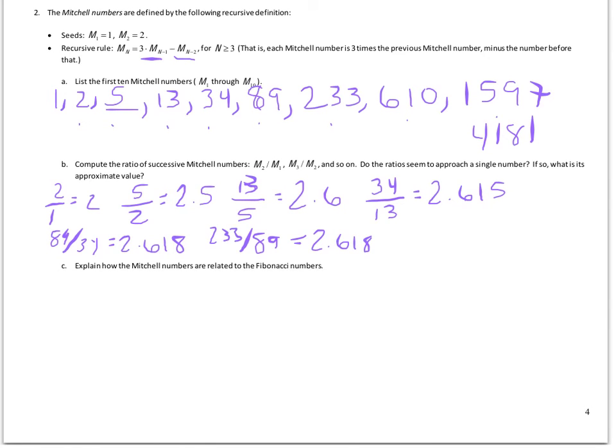And maybe one more just for good measure. I'll do 610 over 233, and I get 2.618.